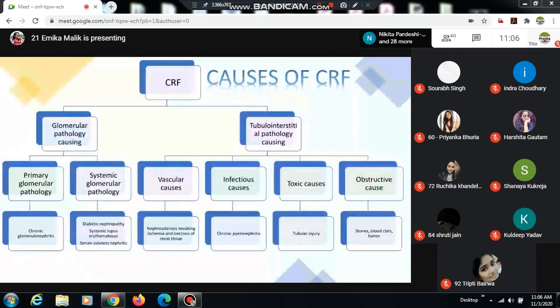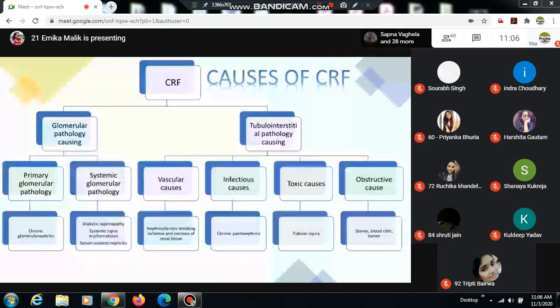Infectious cause can cause chronic pyelonephritis. It is a pyogenic bacterial infection, and toxins cause tubular injury.